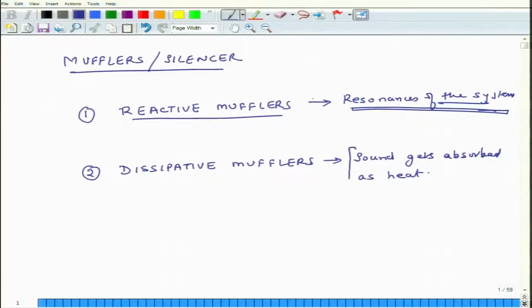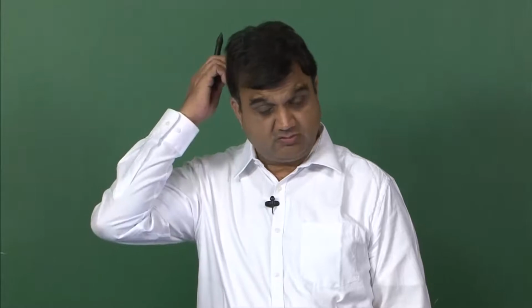These dissipative mufflers, they convert sound energy into heat, and it depends on what type of materials are used in the muffler, and the nature of these materials and the amount of surface area of these materials which gets exposed to sound transmission path influences the efficiency of the design of dissipative mufflers.